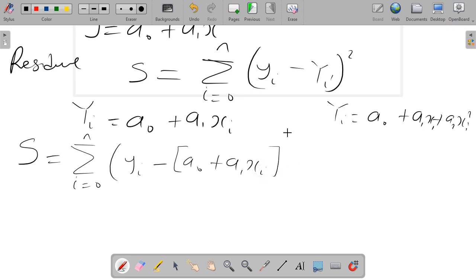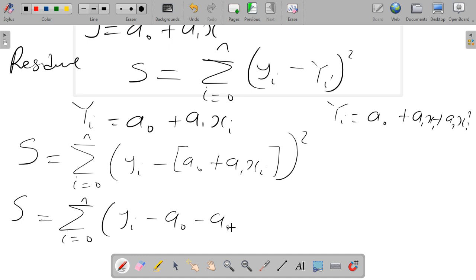Okay, so don't forget, all squared. So if I open this bracket with minus, I'm going to have that my s will now be the summation of i starting from 0 to n of yi minus a naught minus a1 xi, all squared. I hope you know where the i is coming from, because of the i here.